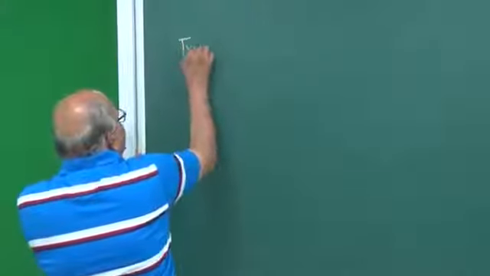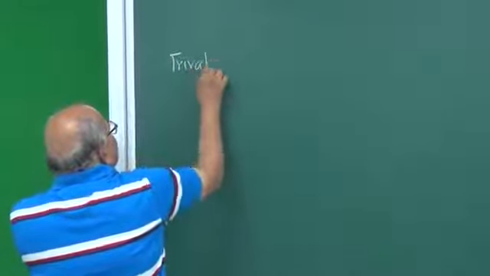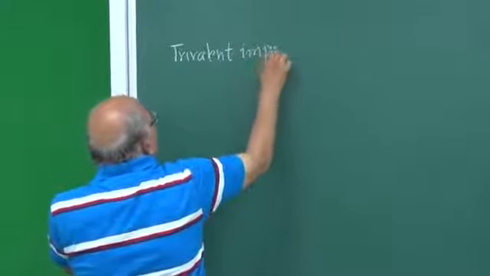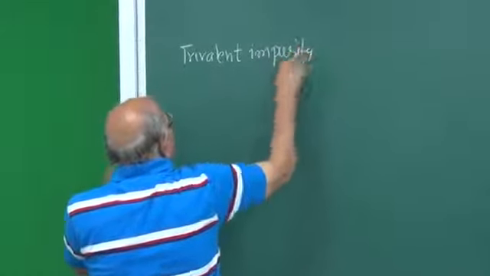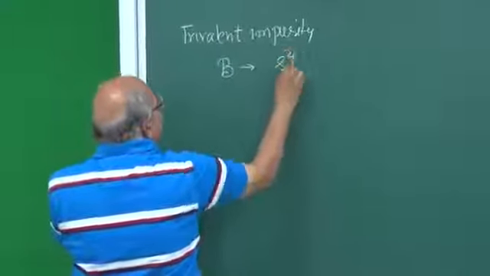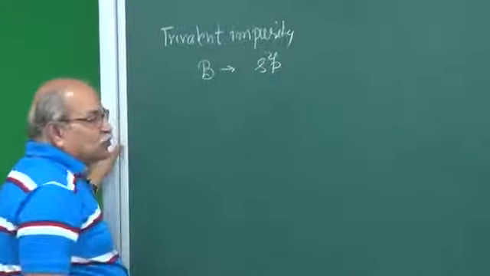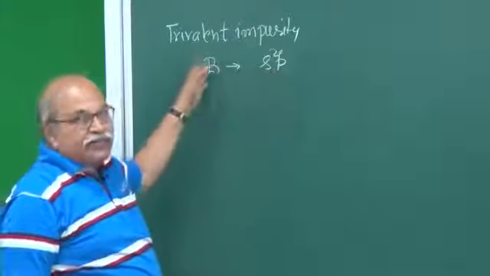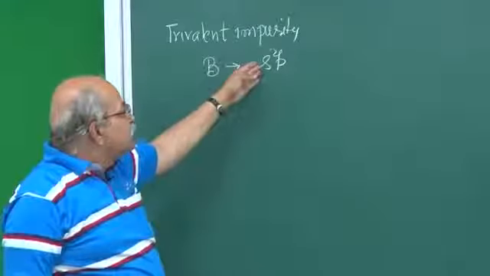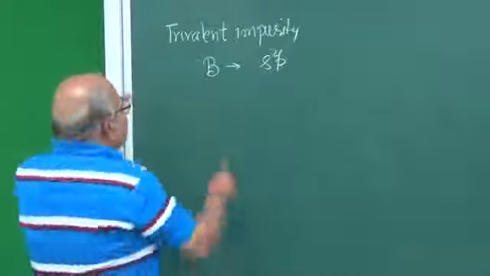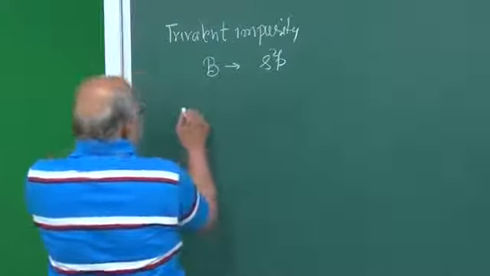So if you have that trivalent impurity, let us say boron, the outer shell will have 2s2 2p instead of 2s2 2p2. In silicon it is 3s2 3p2, in boron or aluminium it will be s2 p. So there are 3 outer electrons only. So if this is doped in silicon, what will happen?